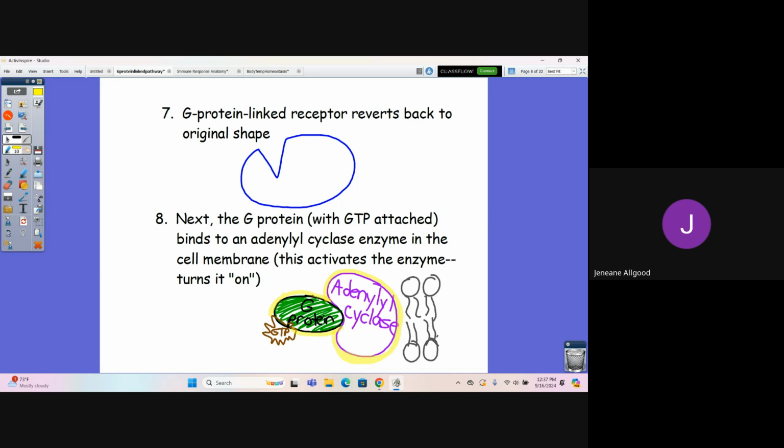So I want you to do a yellow halo around adenylyl cyclase, because once this activated G protein binds to it, now adenylyl cyclase is active as well. So you need to show a yellow halo around both the activated G protein and the adenylyl cyclase enzyme that it is attached to.